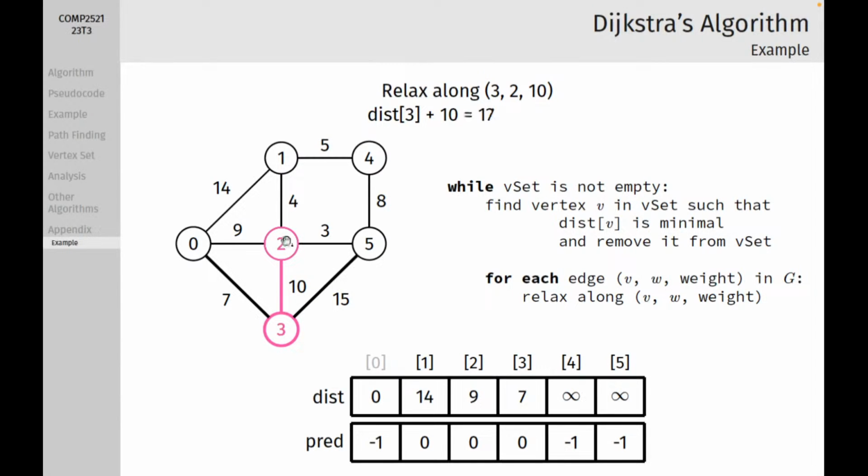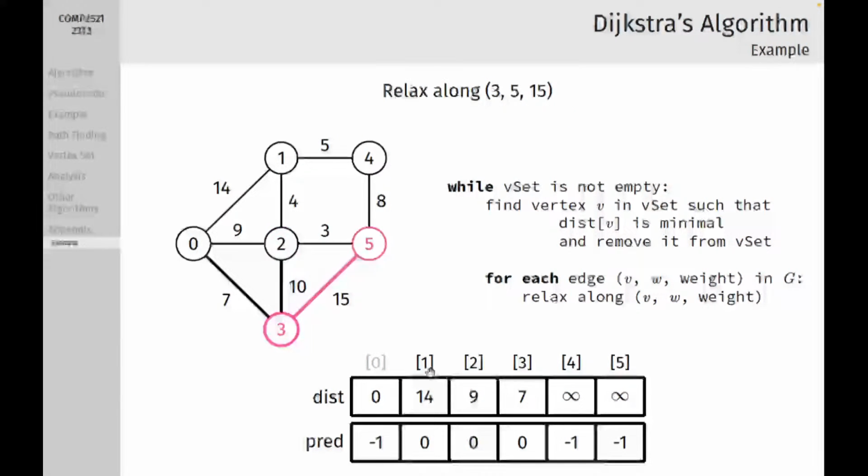So 7 plus 10 is 17, and 17 is the cost of this new path. But we already have a path from 0 to 2 that costs 9. Since this is not a shorter path, we don't update our arrays.